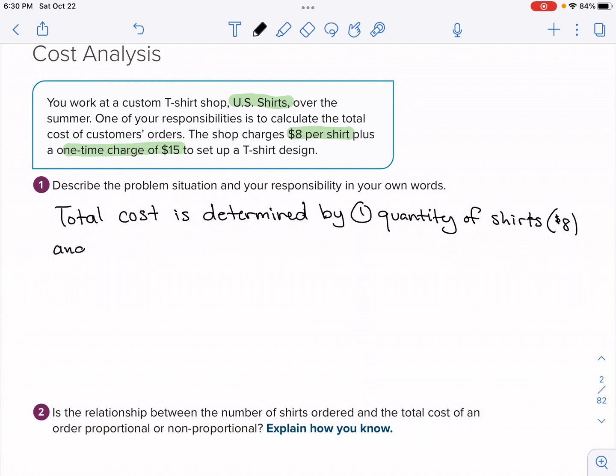And 2, this is a setup fee. And I'll put in parentheses, that is $15. Okay, so the setup fee is a one-time fee, but every single time we purchase a shirt, it's $8.